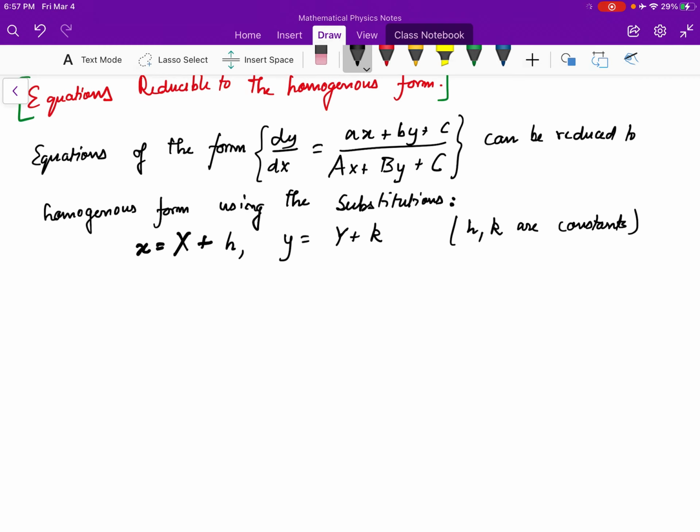And the way it makes our life a little easier is because if we take a derivative, dy by d small x is exactly equal to d capital Y by d capital X. The reason being that small x and capital X, and small y and capital Y, are related by constants, not something which is a variable.